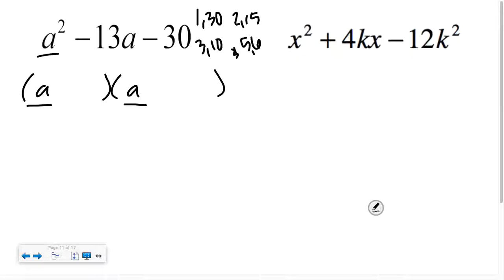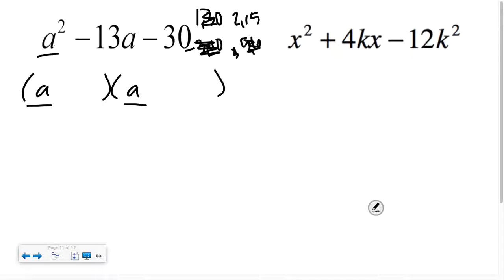There's two possibilities here, right? Because 3 and 10 make 13, and so do 15 and 2. If I want it to be negative 13, and I want to use 3 and 10, wouldn't they both have to be negative terms? Did we say the signs were both going to be negative? No. So then I know that 3 and 10 won't work, because I have to have a positive and a negative value.